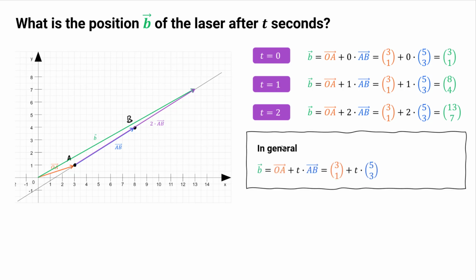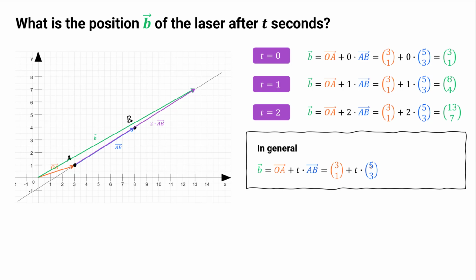So in general, the general formula for the position of the laser is OA plus t times AB, right? So in component form it's vector 3, 1 plus t times 5, 3. And that's the general formula that tells us the position vector of the laser after t seconds.